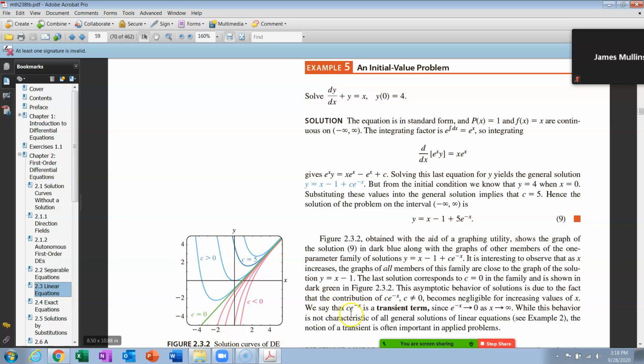Okay, now what I was saying about for very large x's, this becomes what they call a transient term that disappears over time. When x gets very large, this thing goes to 0, so that's a transient term. Okay, now in our original, there it was right here. So the overall solution, well, that's just the transient term when this thing is going to 0.